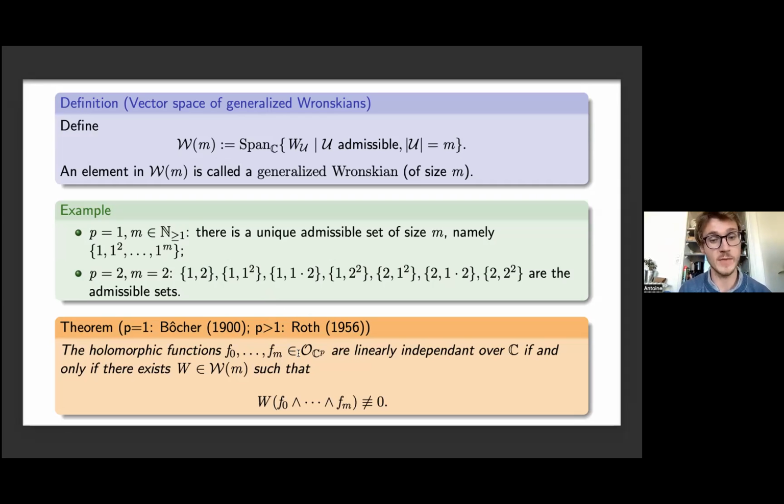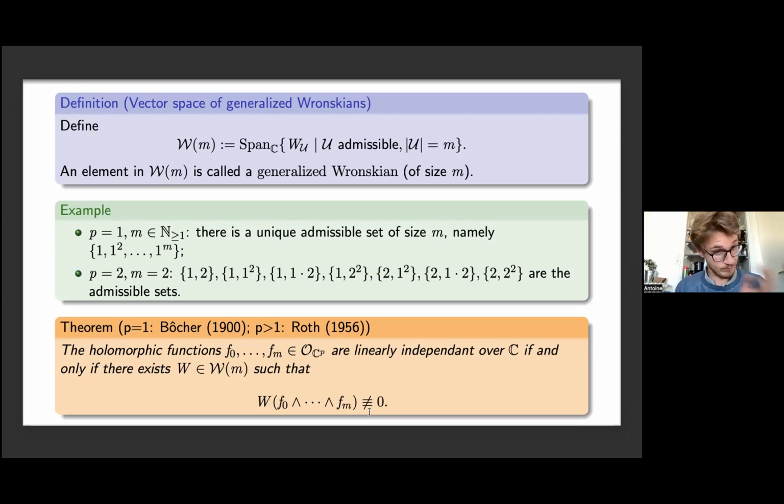And it says the following: if you take m plus 1 holomorphic functions, then they are linearly independent over C if and only if one can find a generalized Wronskian, and we can always suppose that it is one of the canonical bases, such that when evaluated on the m plus 1 holomorphic functions, it does not give a holomorphic function that is identically 0. So this is really the fundamental property of Wronskians for p equal to 1 and generalized Wronskians for p strictly greater than 1.